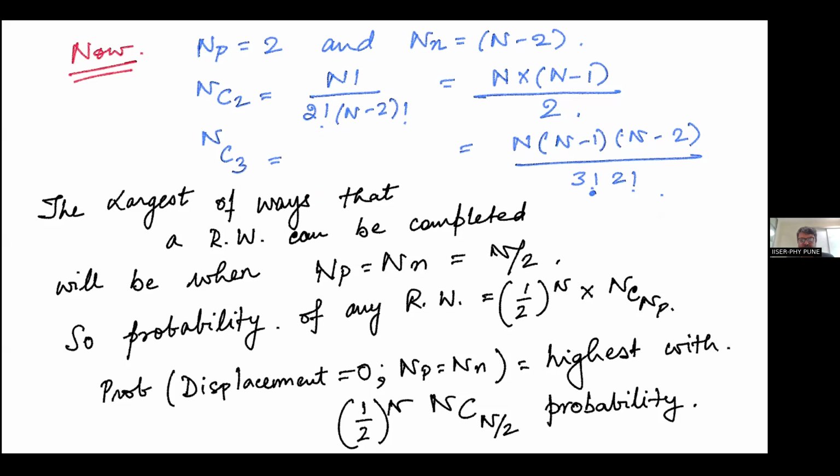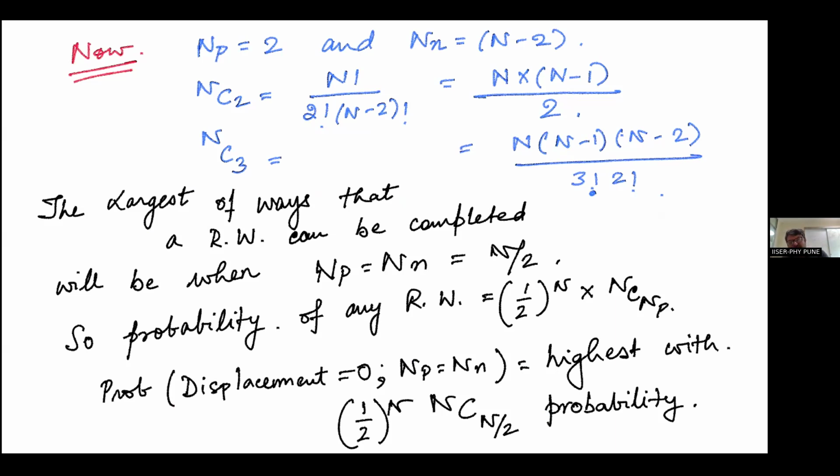So the probability that the displacement will be zero has the highest probability, because in the way you take a positive and a negative step can be different.